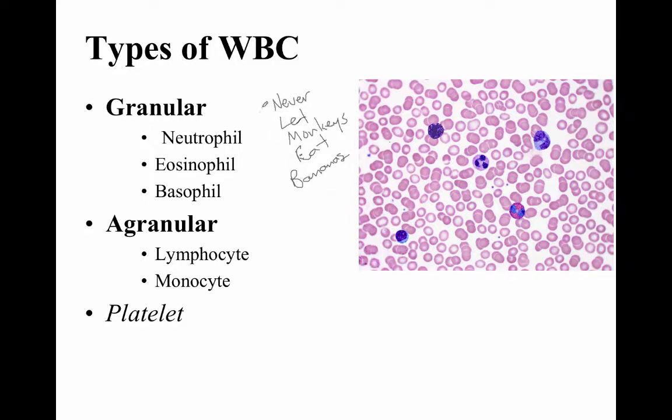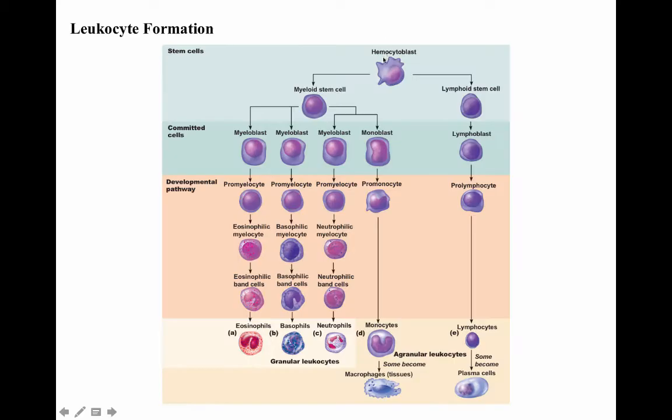This is the order if we went from highest percentage of existence in the bloodstream to lowest. And in terms of your mnemonic, if you wanted to create a mnemonic to keep granular and agranular together, you might just have to do an indication of which of these would be granular to help you remember that.